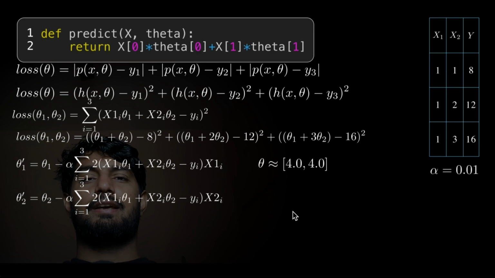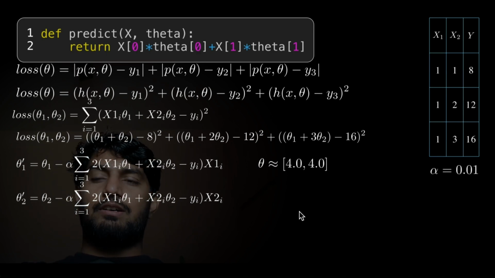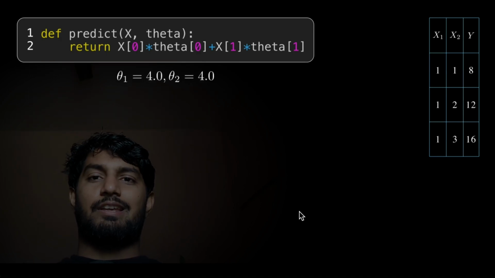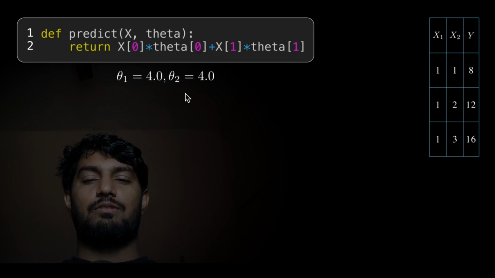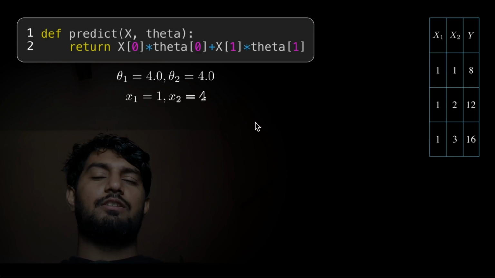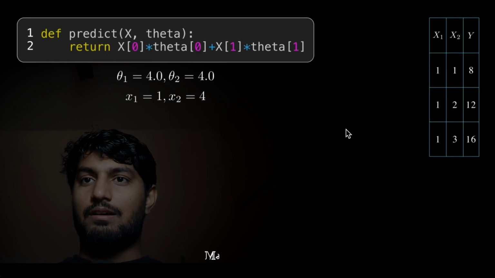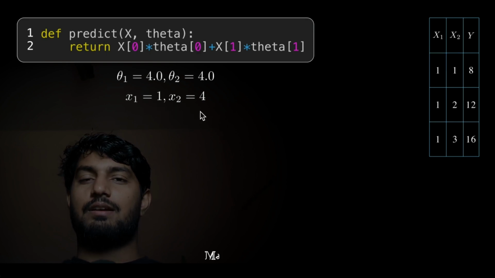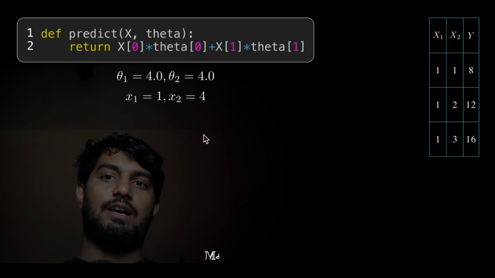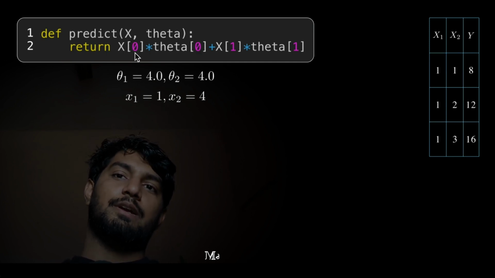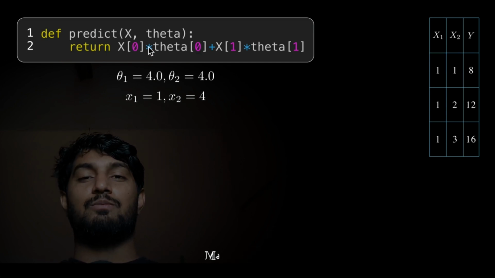And once we have found the weights, the fine-tuned ones you can say, we can see an example where x1 is one, like a house with one big gate and 4 rooms. So what will the price be for that? We can use our prediction function with the theta which we have done so much hard work to find.